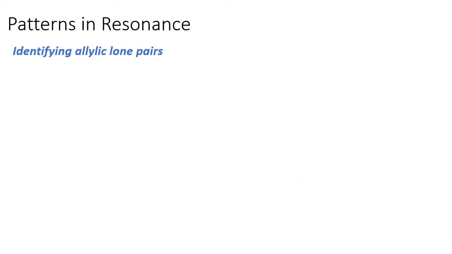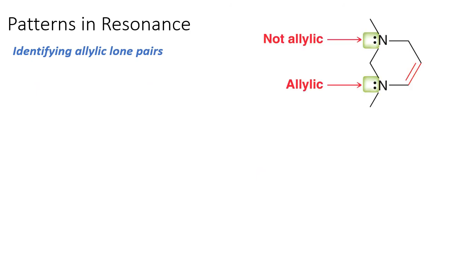You want to be able to identify lone pairs when they are in an allylic position. So remember, allylic means one spot away from the double bond. So if we look at our allylic lone pairs in this molecule off to the right, we have lone pairs on this nitrogen and lone pairs on this nitrogen.